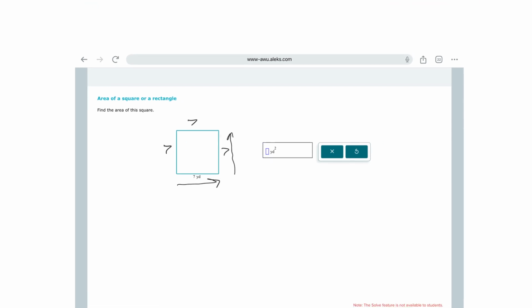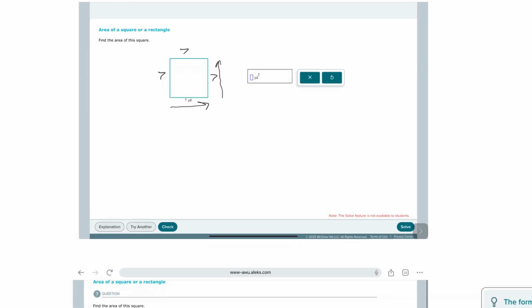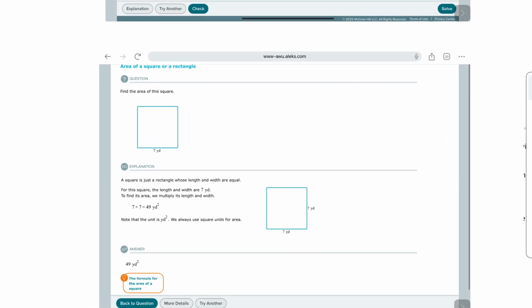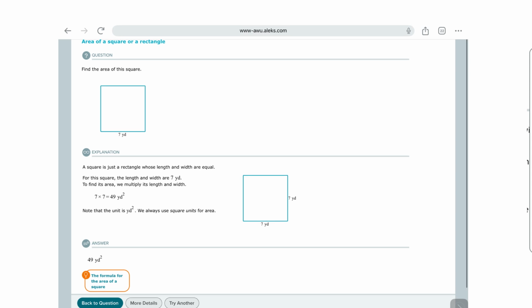And if you wanted to count them all up, you could. But that's time consuming. So you could also just multiply. So a square is just a rectangle whose length and width are equal. So you just multiply and you end up with 49 yards squared.